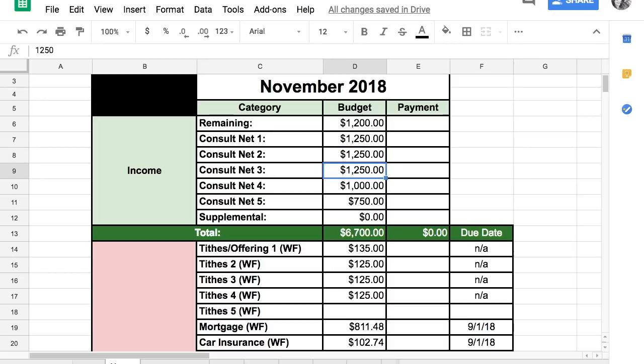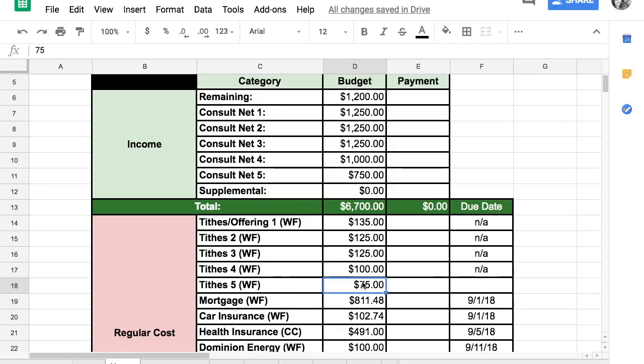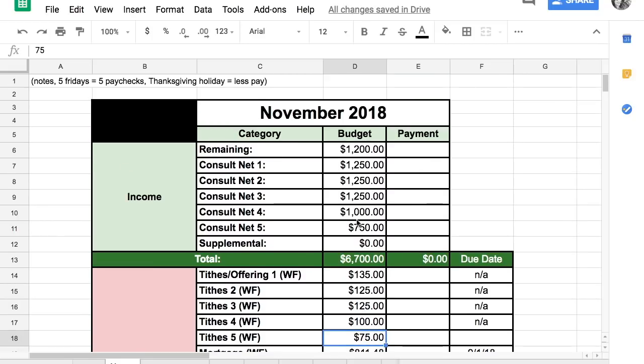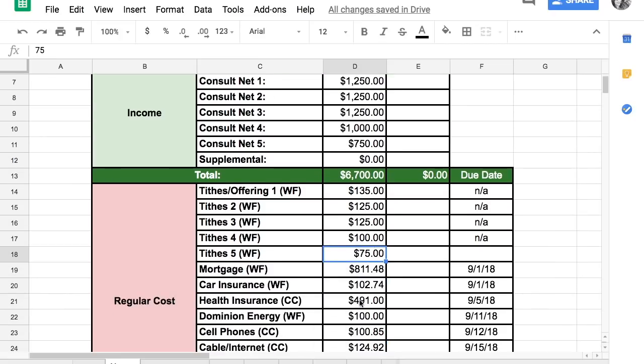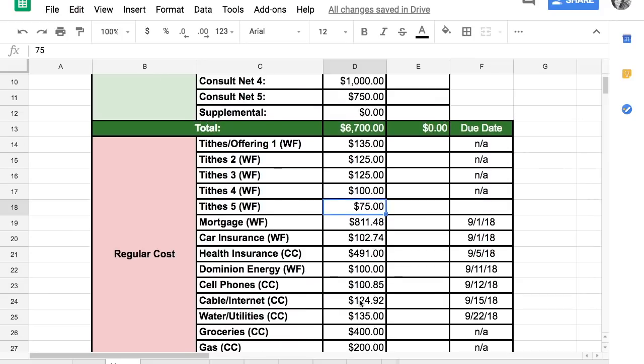Second tithe should be $125, third tithe $125, fourth tithe will be $100 roughly, and our fifth tithe will be $75. So it is nice that we have that extra paycheck there, and we can pay some extra money to our church.